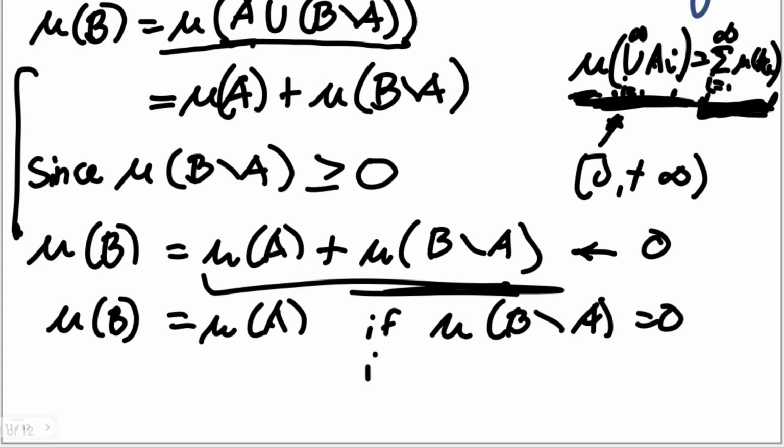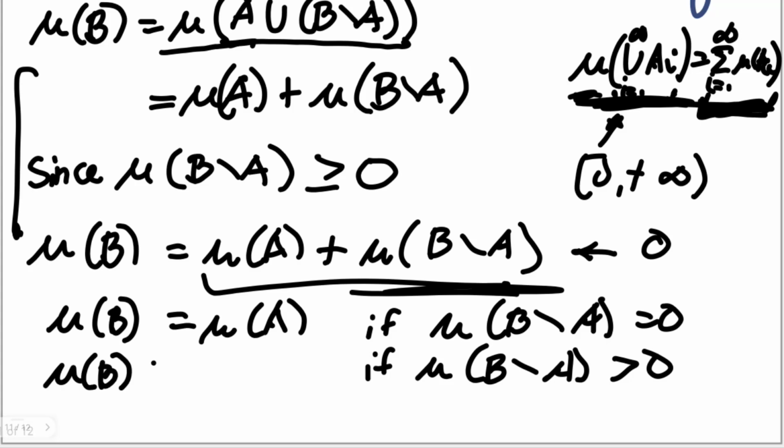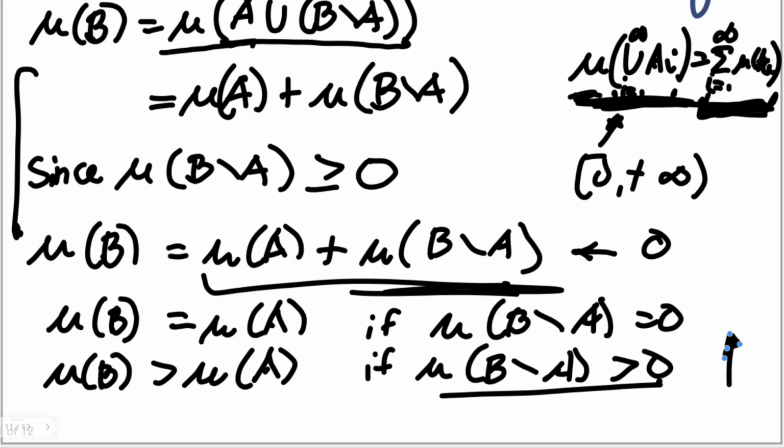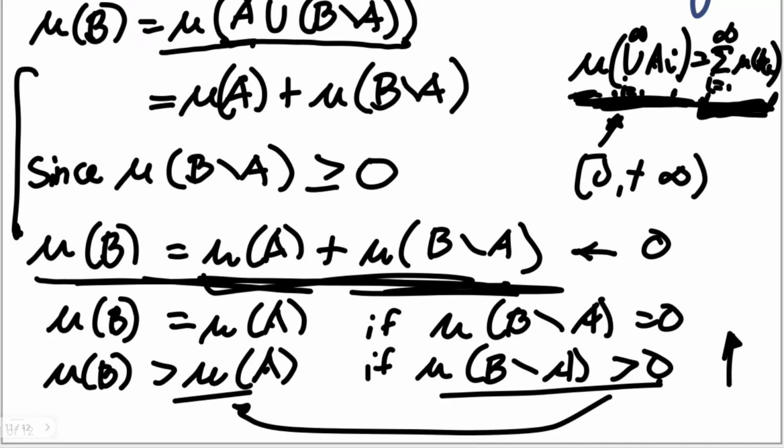But if the mu of B minus A is greater than 0, that would mean the mu of B is greater than the mu of A. Because if this is a positive value, and the sum of these two is equal to the mu of B, then the mu of A should be smaller, so that if they are added, they could match this value.